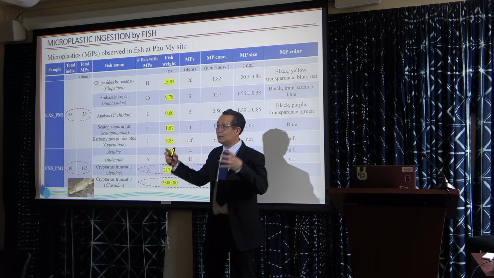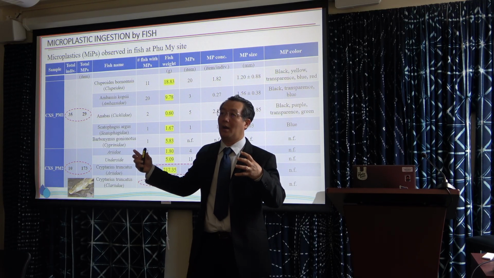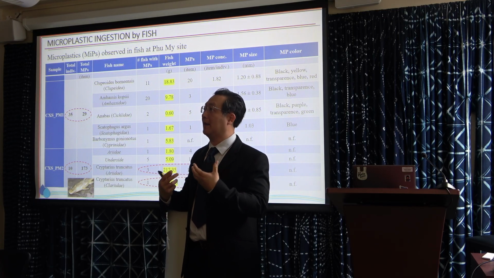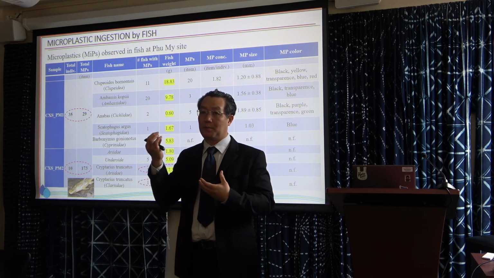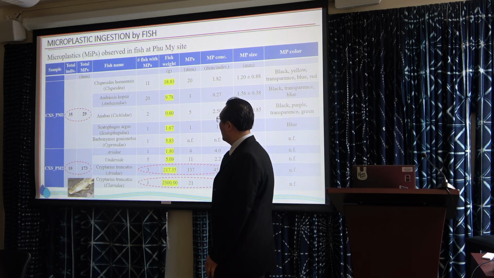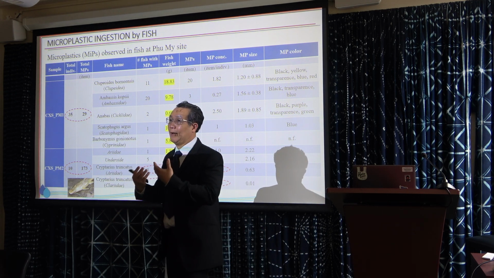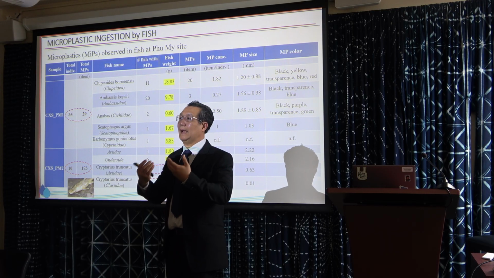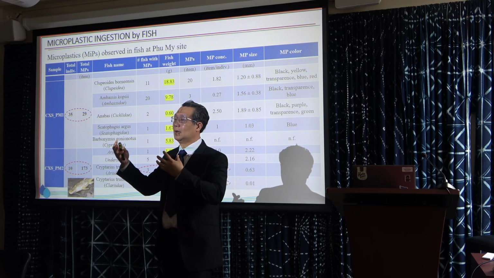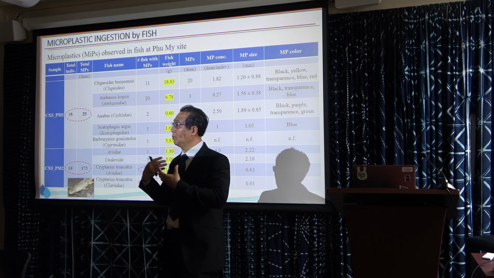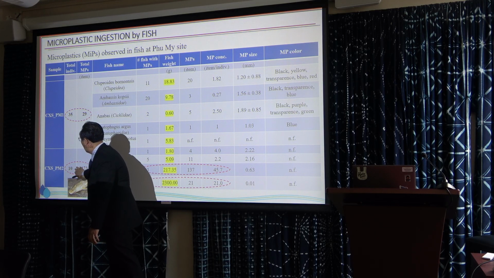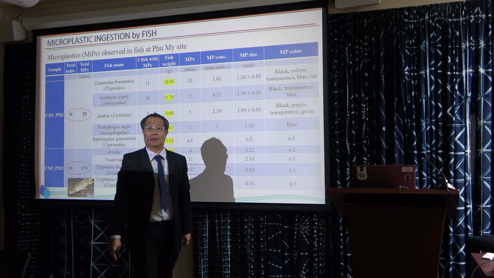So that means the bigger organism can ingest more, or maybe accumulate more small particles of plastic in its body. We are not sure if it directly ingests them, or maybe it accumulates over a long time. Maybe it comes from one organism, and then accumulates day after day, and finally, over its life, it accumulates a very high concentration of microplastics.